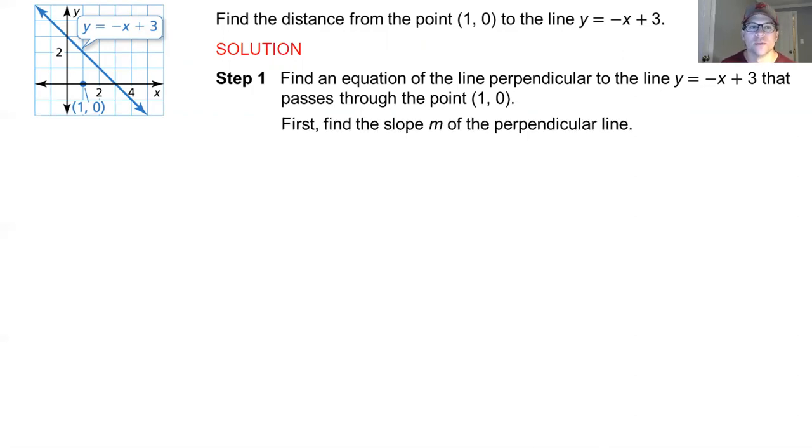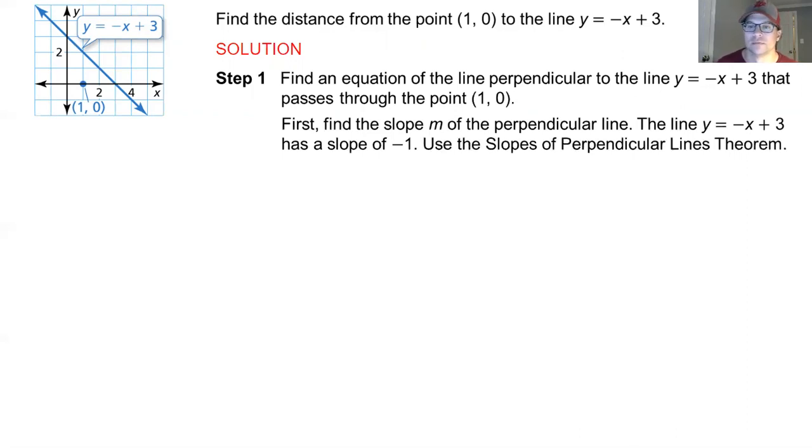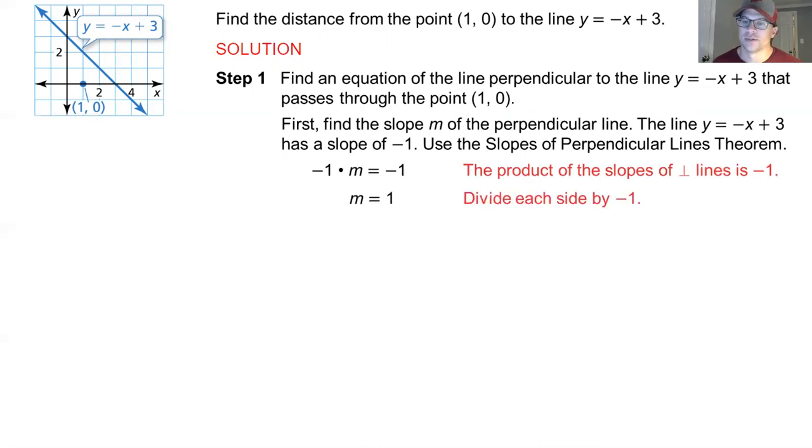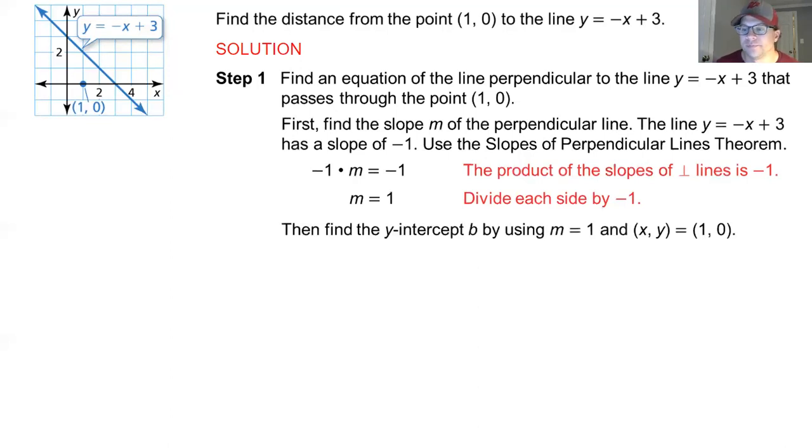So first, find the slope of the perpendicular line. We're given that our first slope is -1. So the perpendicular slope of that would be +1, because anything times -1 to get -1 is just 1. So our new slope is +1. Then we're going to need to find the y-intercept using that slope and our other coordinate point (1, 0).